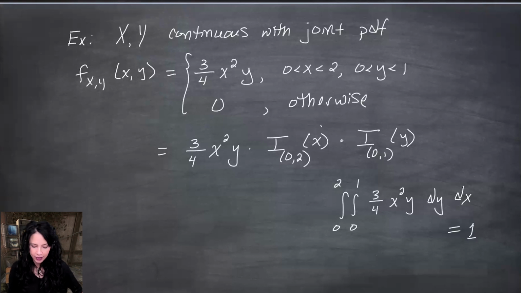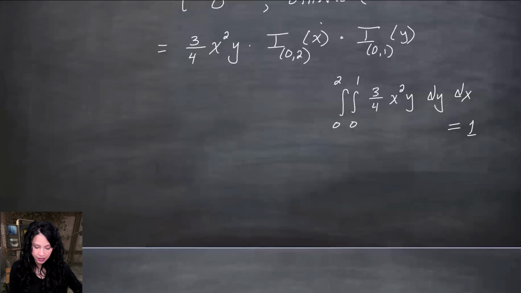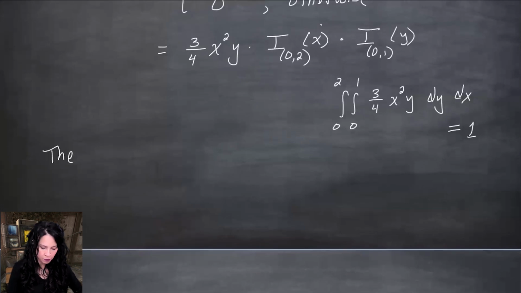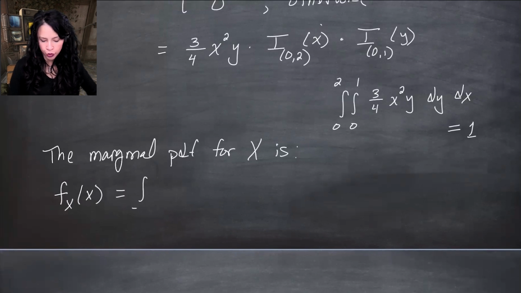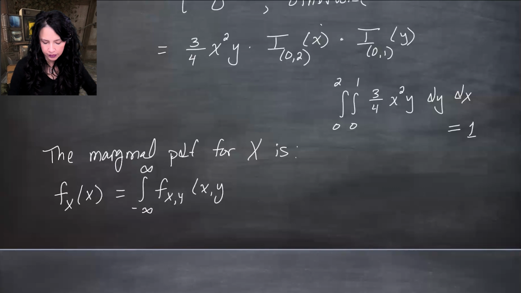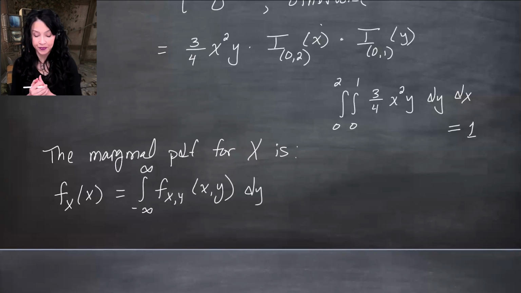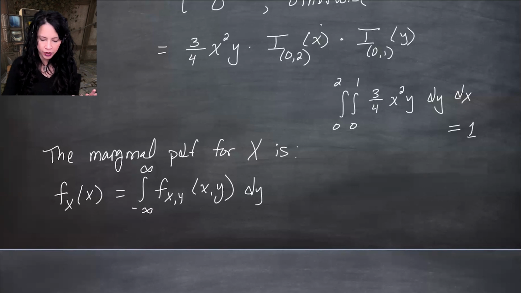Let's talk about the marginal distributions. So the marginal PDF, I'm going to use the same notation, f sub x of x. We're going to integrate over the whole world, minus infinity to infinity, the joint PDF. We're going to integrate out over y. So first I'm going to do this without indicators. What you would do here is you would plug in the PDF.